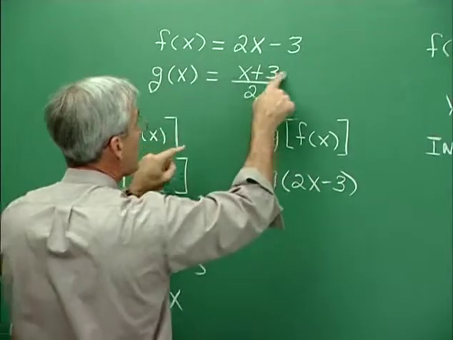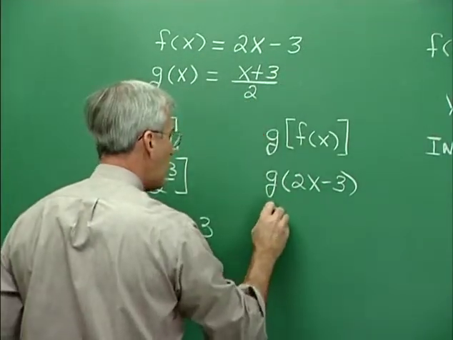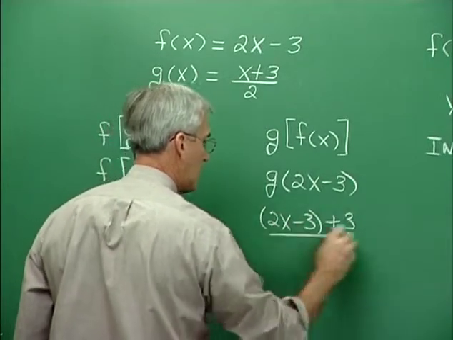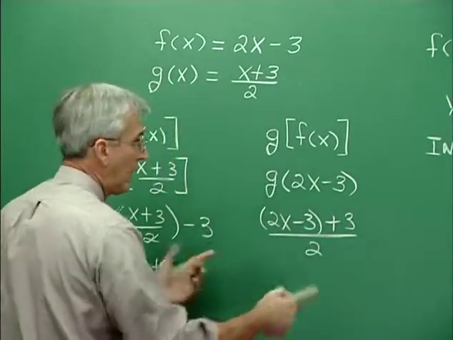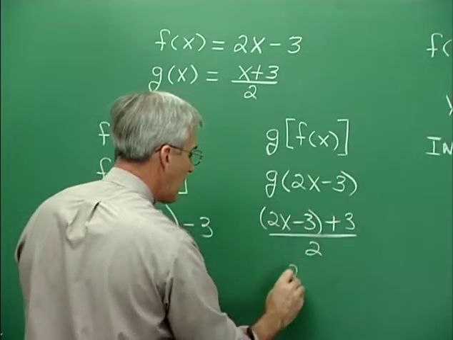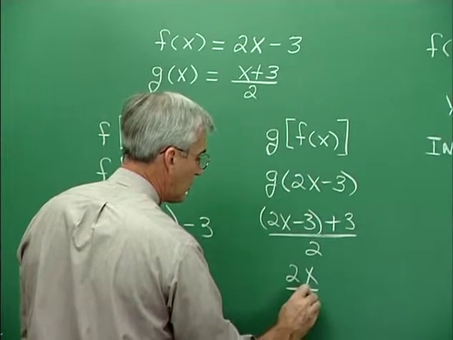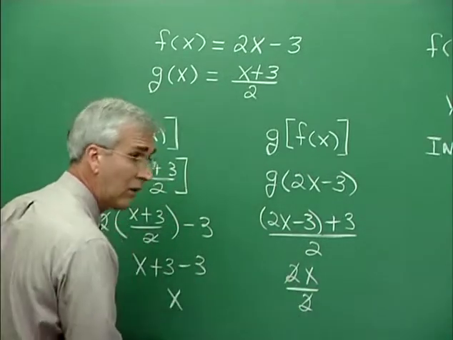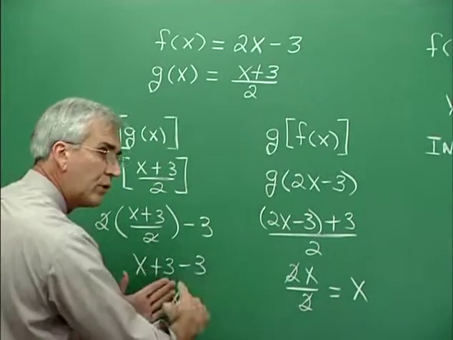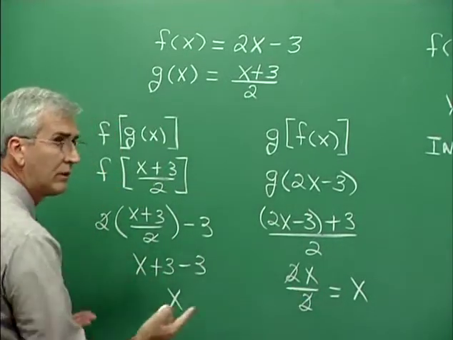So it'll be binomial plus 3 over 2. Now when I drop parentheses in the numerator, minus 3 plus 3 go out, and we have 2x over 2. Now the 2's go out, and we have x. So notice that in both directions we get x as the result of all of this.